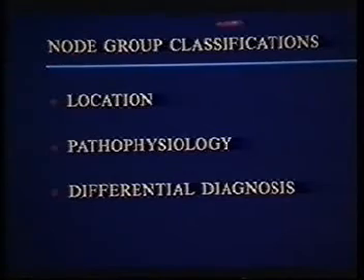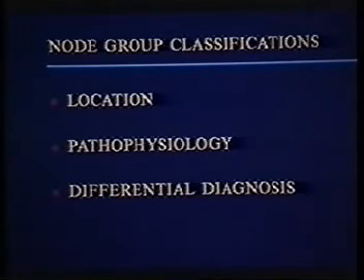I tend to use a classification that is based on three things. First of all, location. Of course, we're radiologists, we're looking at imaging studies, and we localize lymph nodes, so location is important. Pathophysiology: in what diseases or in what settings are various nodes abnormal. And of course, differential diagnosis. Considering these three factors, you can classify mediastinal nodes into four general groups, and considering these groups can be of value in differential diagnosis.